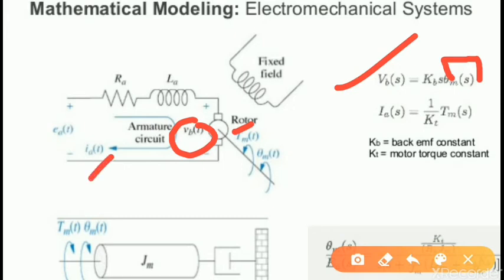Similarly, the armature current is directly proportional to the motor torque. So I(s) equals 1 upon Kt times Tm(s) in the s domain. Kb is the back EMF constant and Kt is the motor torque constant.